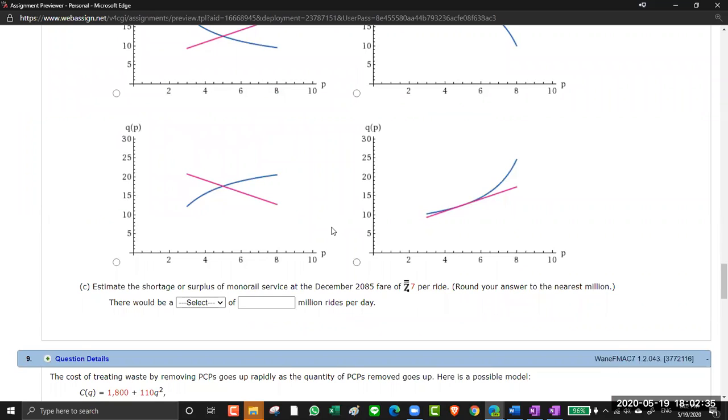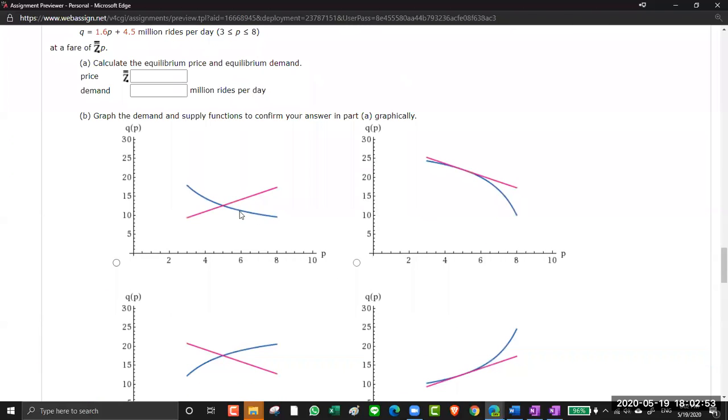Okay, now, estimate the shortage or surplus at the December fare of 7 per ride. First of all, it looks like this. Is that what we said? Yeah, looks like this. And 7 is right here, right?